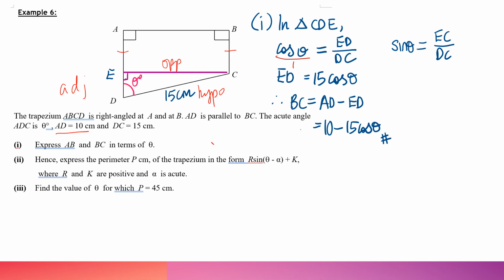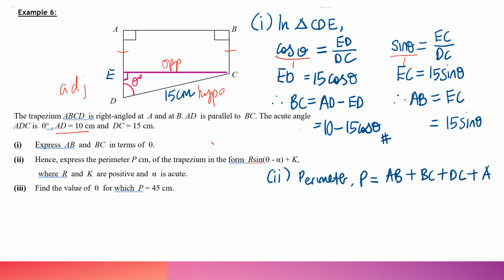Again, you do a cross multiply and you would get EC to be 15 times sine theta, because DC is given to be 15 cm. EC is the same length as AB. So therefore, AB is equal to EC, equal to 15 sine theta. So that is the first part done.